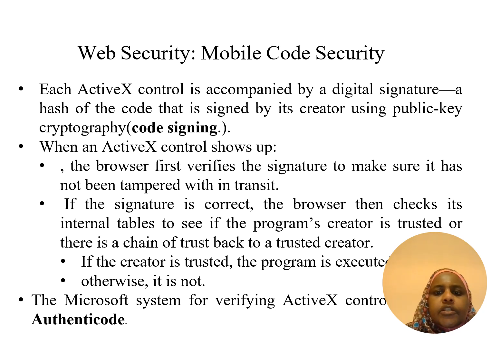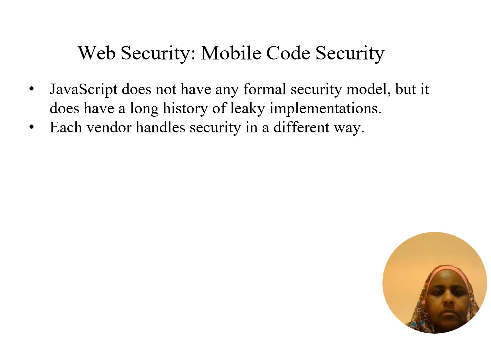If the signature is correct, the browser then checks if the internal tables say that the program creator is trusted. If not, it will check the chain of trust back to a trusted creator. If the creator is trusted, the program is executed, otherwise it will not. Microsoft's system for verifying ActiveX controls is called Authenticode.